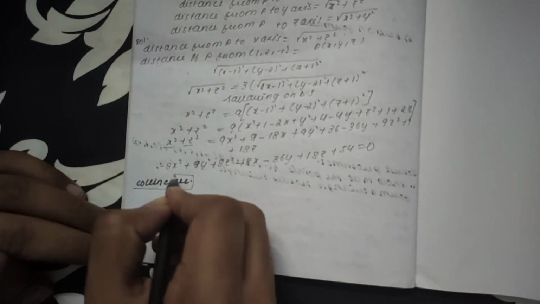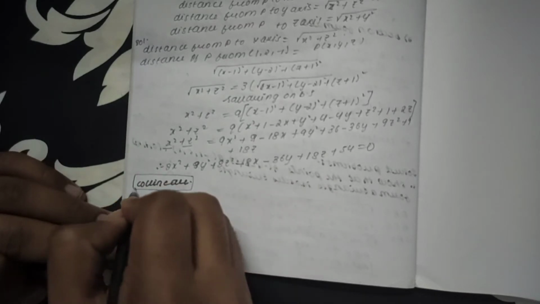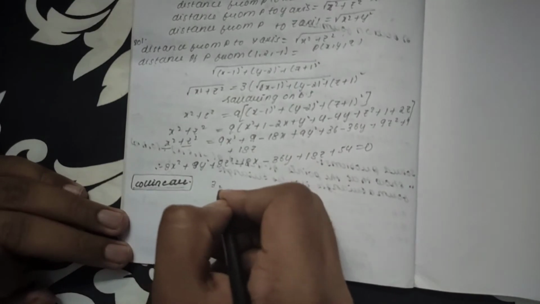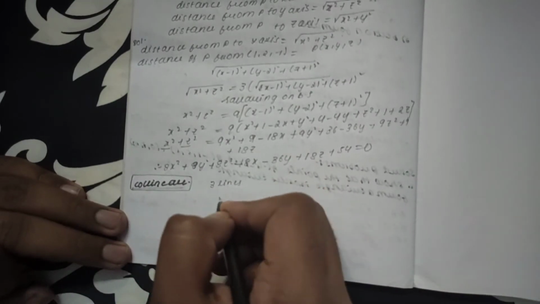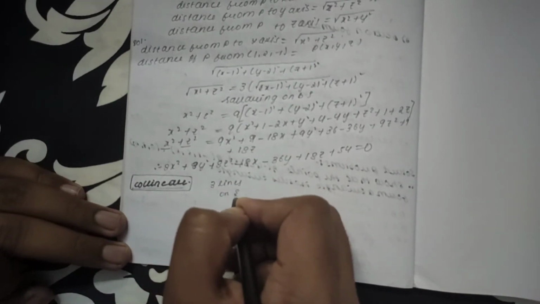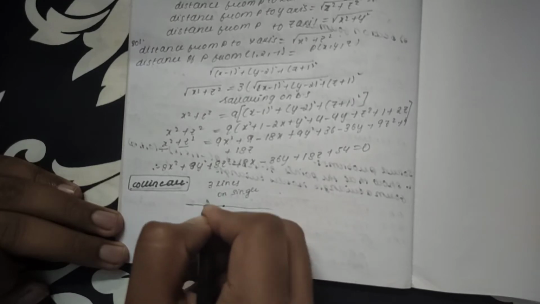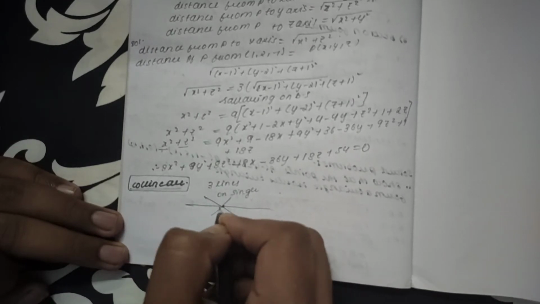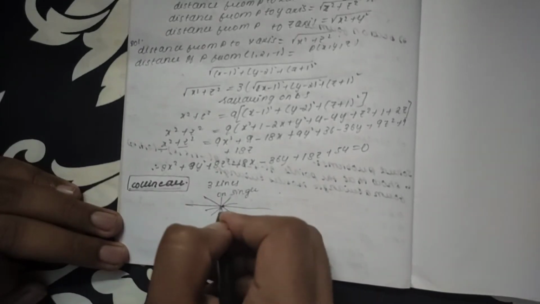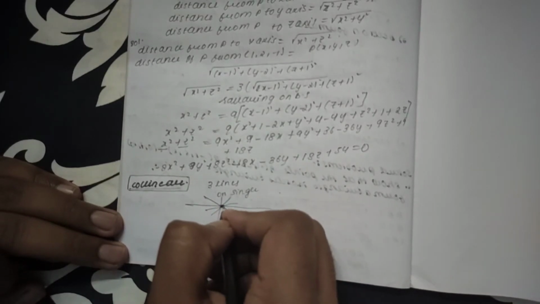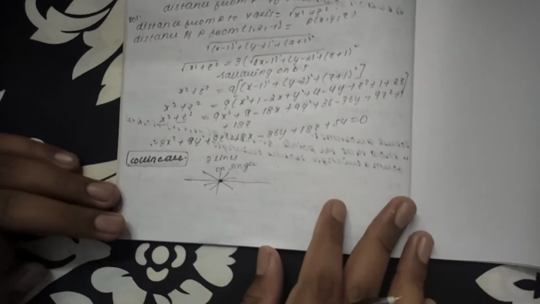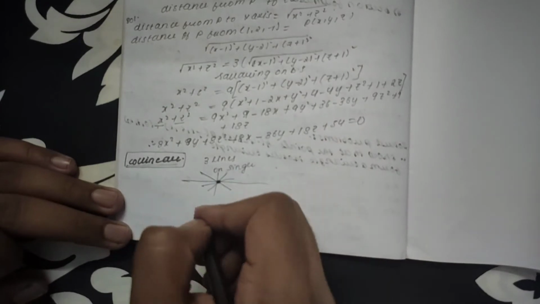Let's discuss another concept, collinear. Collinear is nothing but if three or more points lie on a single line, then they are called collinear. So this is called collinear, and these points are called collinear points.